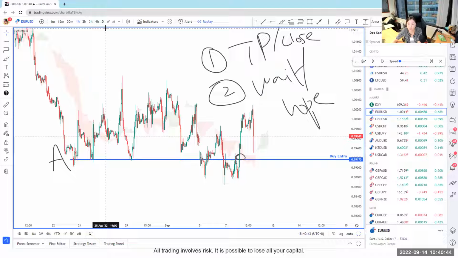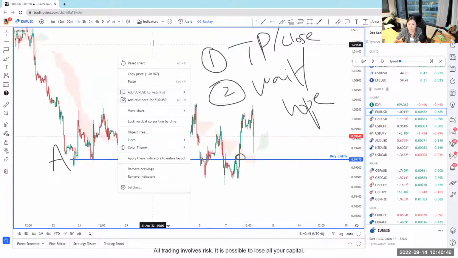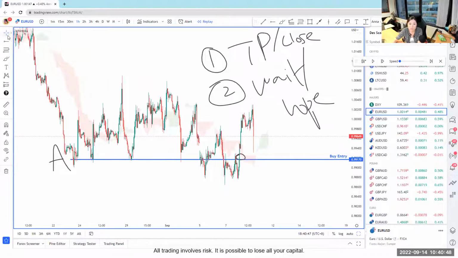So for example, when my price actually came up here from this level, when your price actually moved from here to, okay, usually there will be a take profit.